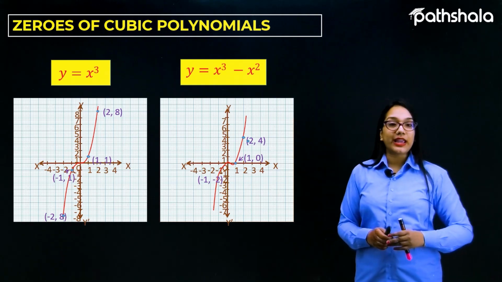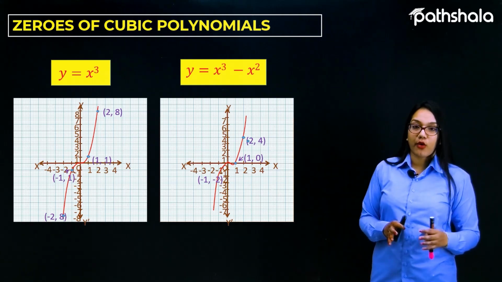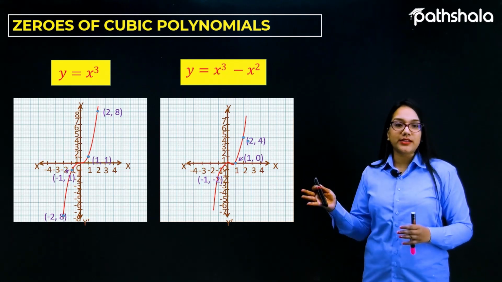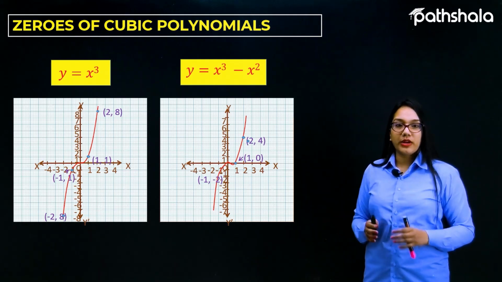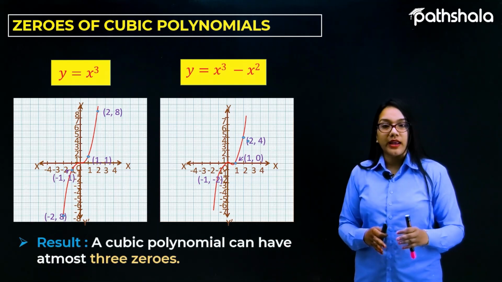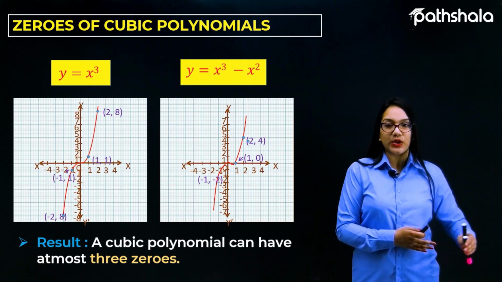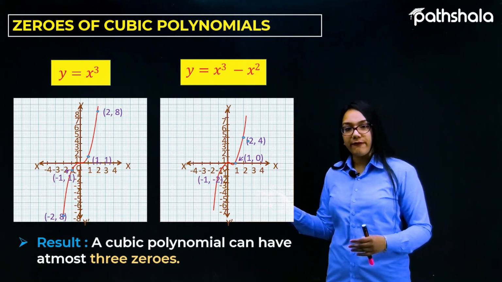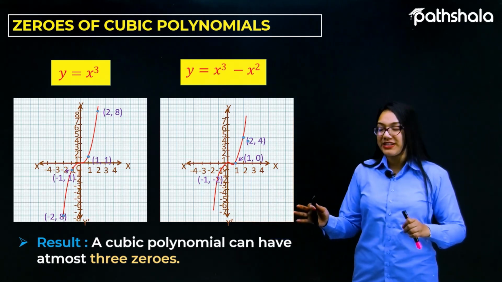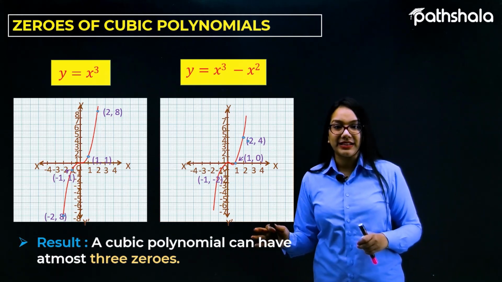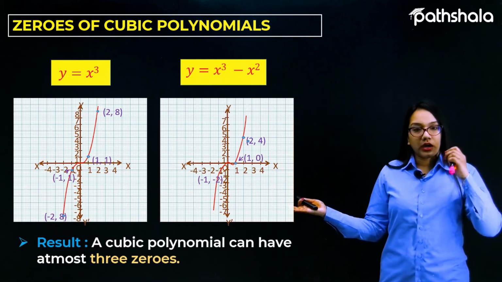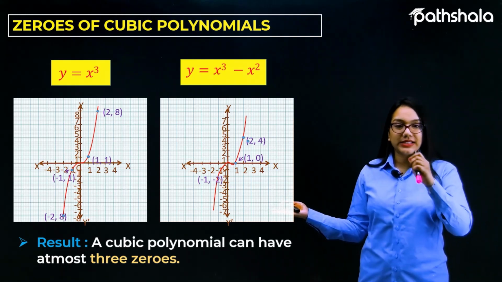Now, after looking at the graphs of these cubic polynomials, if we compare them with the previous cubic polynomial, we can say that a cubic polynomial can have at most 3 zeros. From the very first graph, it is intersecting the x-axis at only one point, and from the second graph it is intersecting the x-axis at 2 points, but the previous graph shows that the curve was intersecting the x-axis at 3 points.